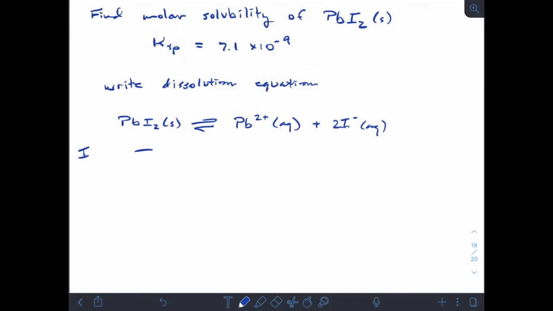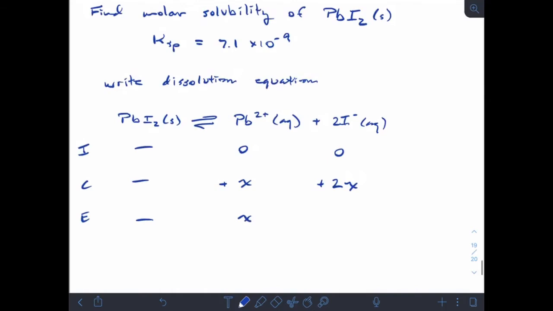We start with none of this and none of this because we're looking at how much solid will come apart. So we're going to take some amount of solid and put it in a beaker. Okay? And we want to find out how many ions are made. Right? And so we're looking at the forward equation here. So making ions. So at equilibrium, we'll just have x and 2x.